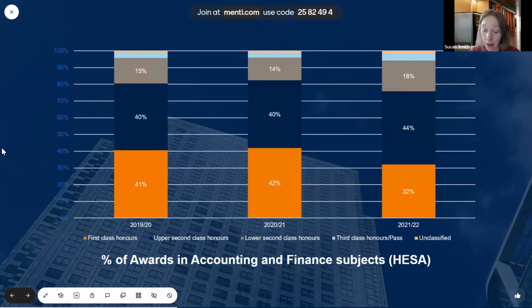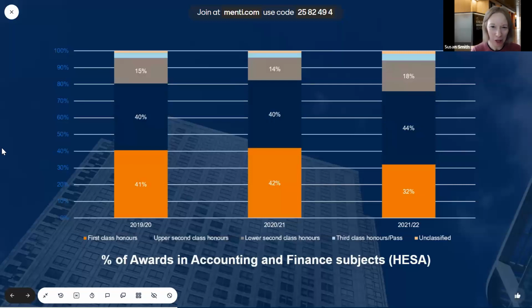And the other thing I think is relevant is that the overall number of graduates over that 3-year period reduced by 6%. So overall, in accounting and finance subjects, those, as I'm sure everyone is aware, are based on the mappings that HESA makes, so there may be other degrees in there. There may not just be accounting and finance at Manchester. It may also be something or other with accounting.